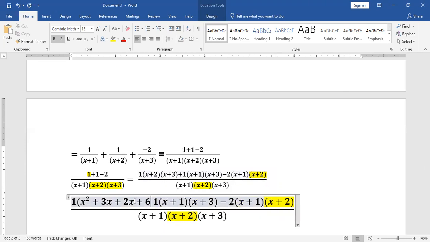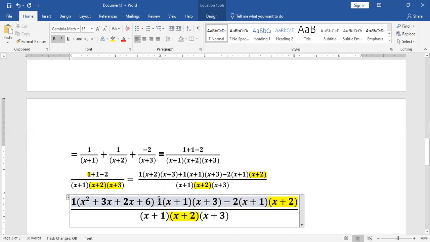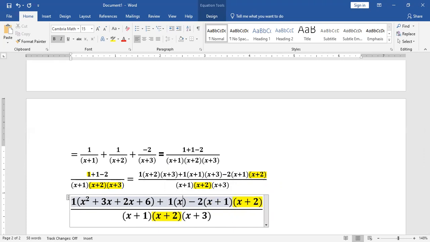Now that I've shown how to expand and you know how to expand, I'll go on and expand them. So in here, it will be like this. X multiplied by x there, that will be x squared for the second part.